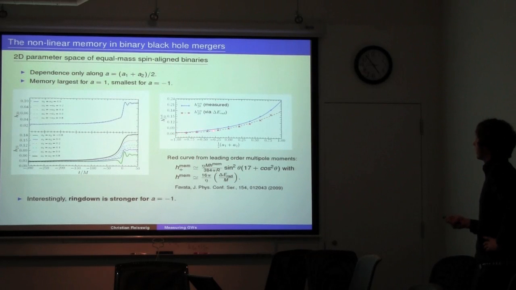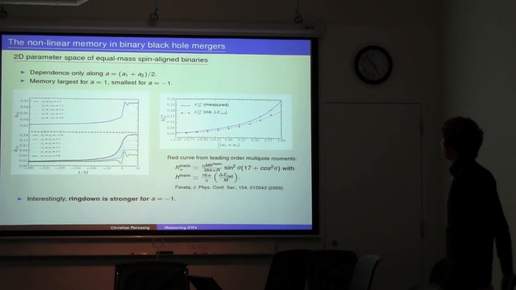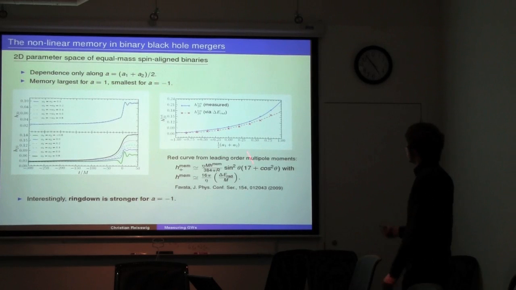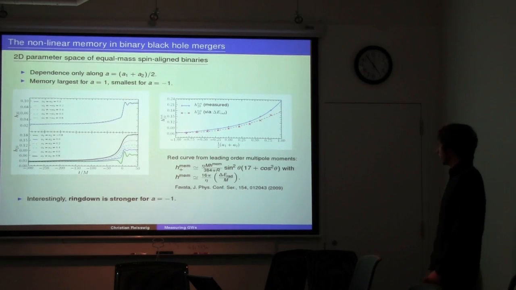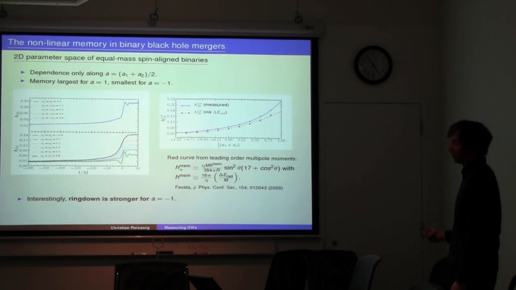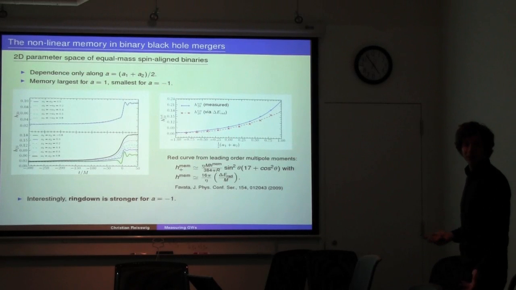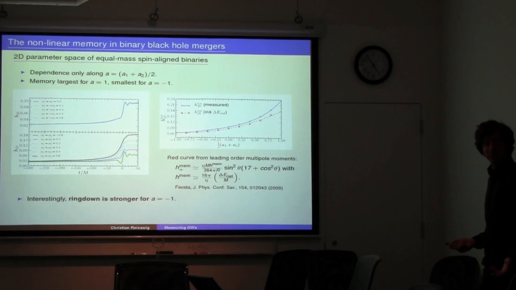We find in the end that the total memory can be modeled by some quartic polynomial. And here this red curve is a comparison to an expression derived by Mark Favata, which I believe is only really valid for non-spinning black holes. This is this expression here.